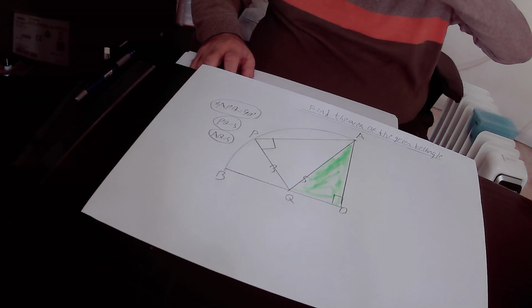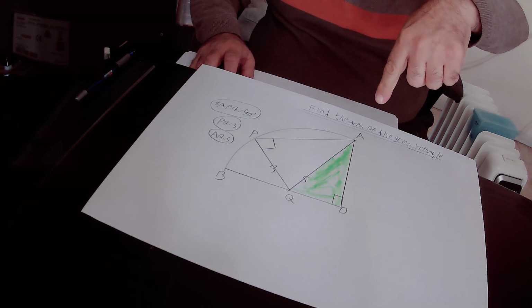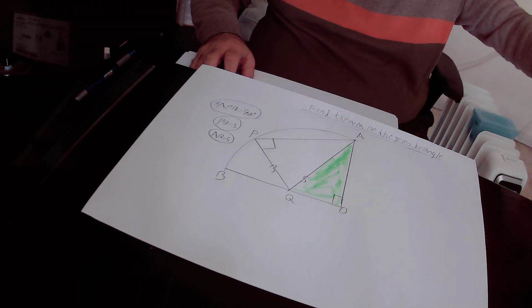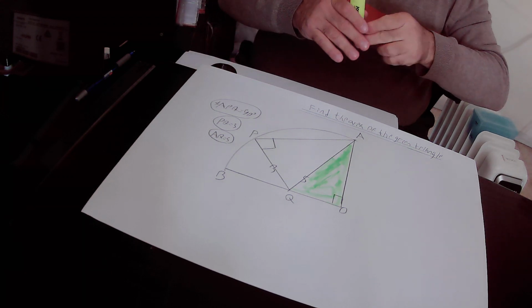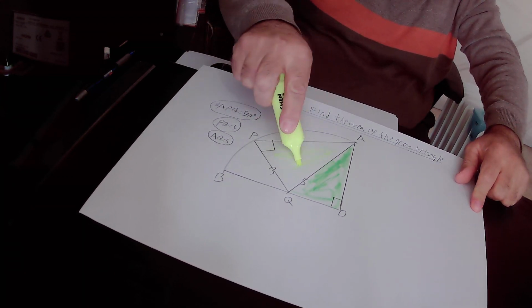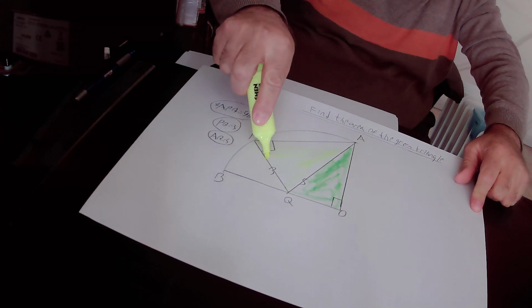Okay, so first of all, we'll focus on the right yellow triangle APQ, and we will implement on this right triangle APQ the Pythagoras theorem.